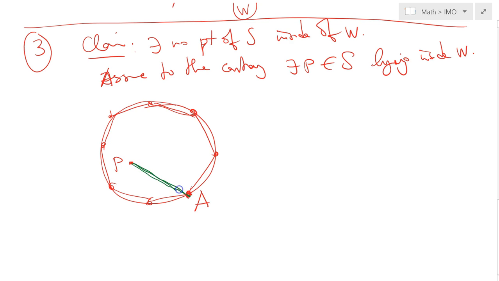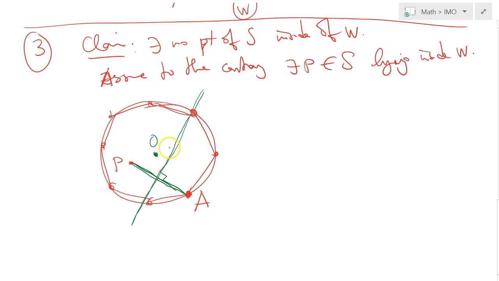Well, the perpendicular bisector will definitely not contain the circumcenter of this W, the regular polygon, right? For it to contain the circumcenter, P has to be on the boundary, right? So therefore it will definitely not go through the circumcenter O.